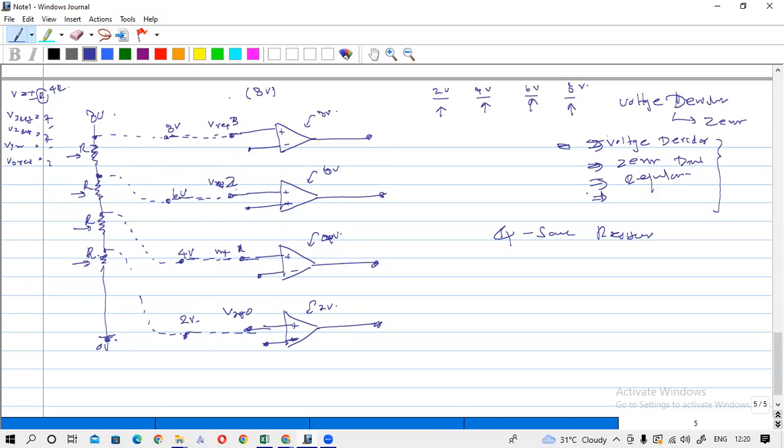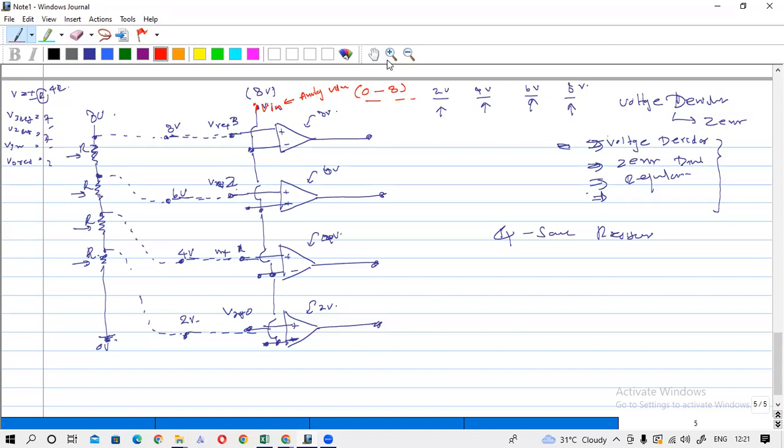If you give a V in to this one, and connect it here also, and here also, this is my voltage, and this is my analog voltage. This V in may be any value from 0 to 8.